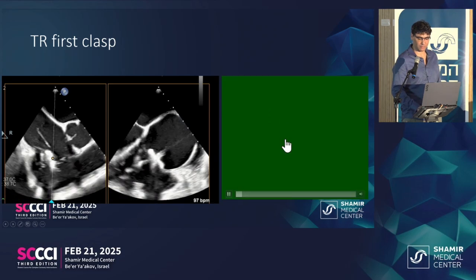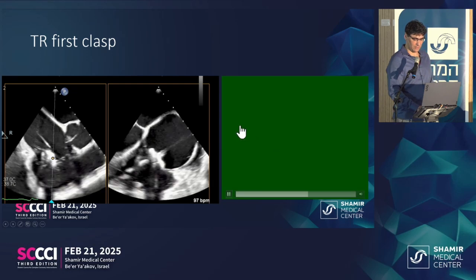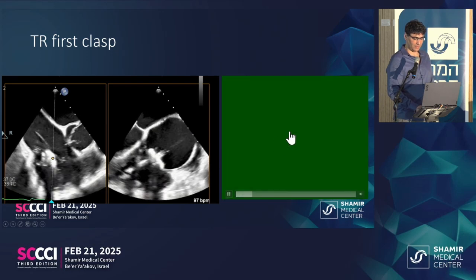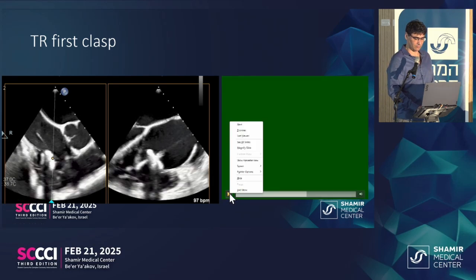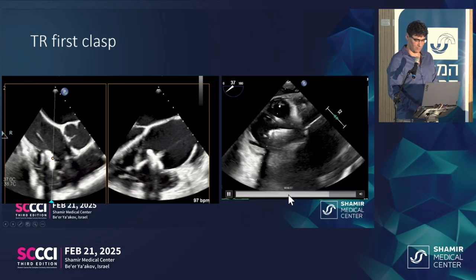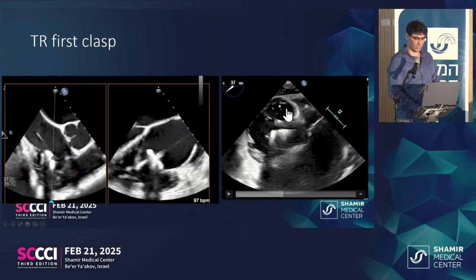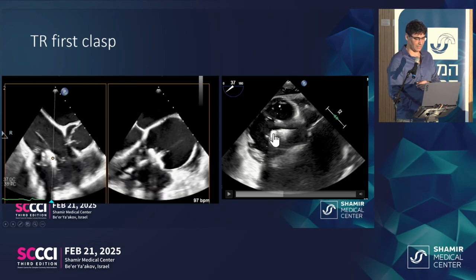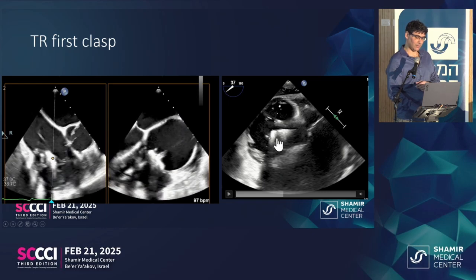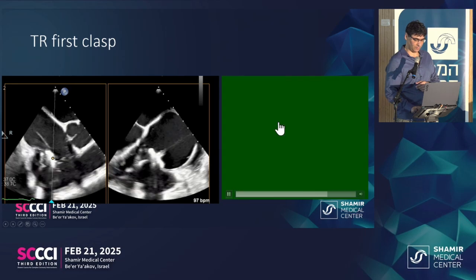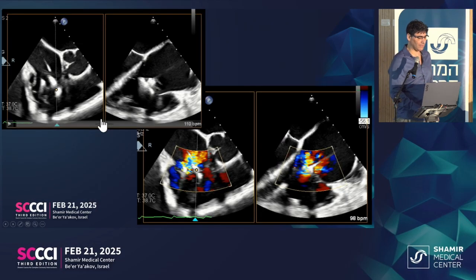Unfortunately, this jumps on and off, and it's not so nice, so I'll move again. Okay, so here, this is a clasp going between the septal and the anterior, and this is the lead itself. Let's see if we can see it there. Hopefully the other will be better.